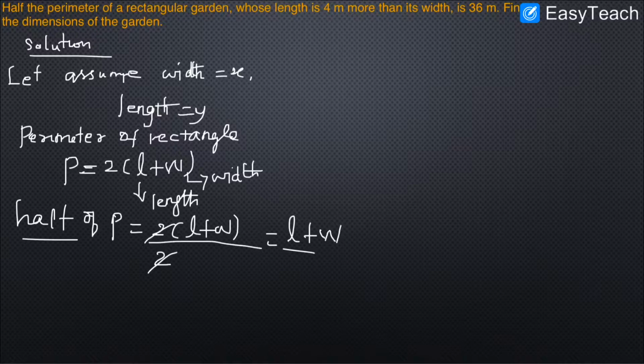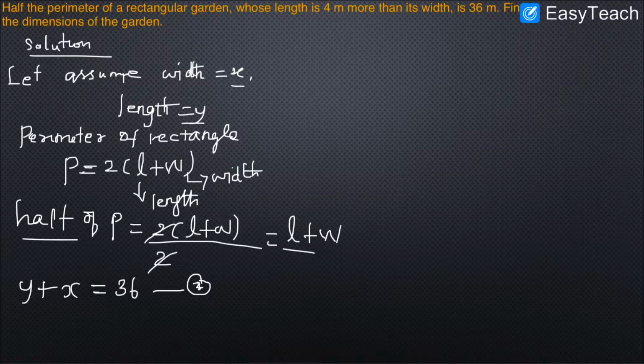Here we assumed x for L. No, so y for L and x for W. So y plus x equals 36. I am going to consider this as the second equation because this is the second scenario.